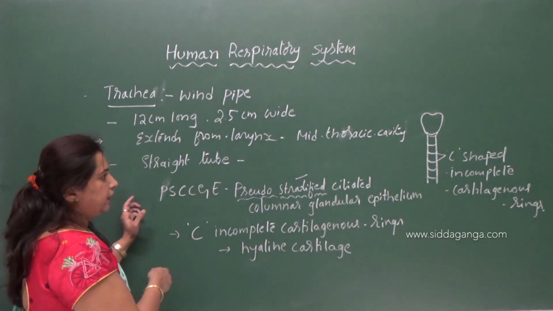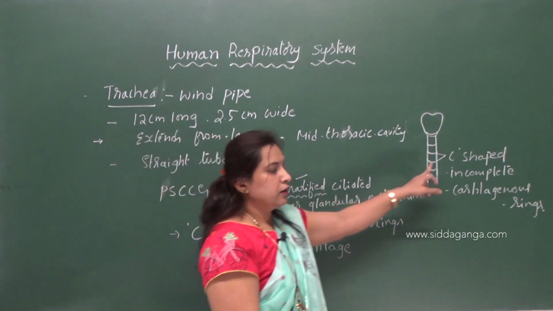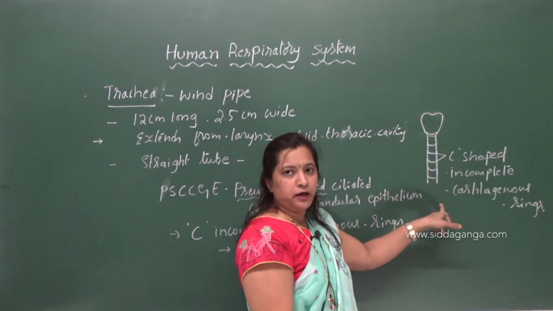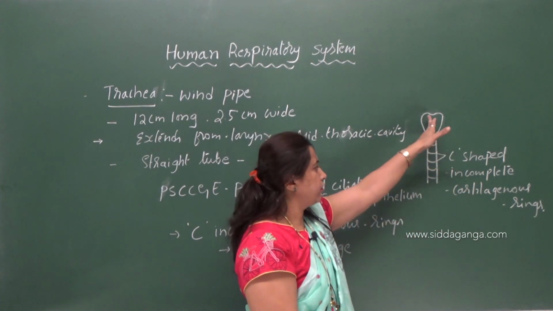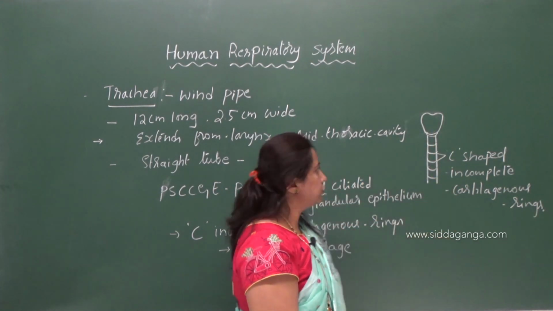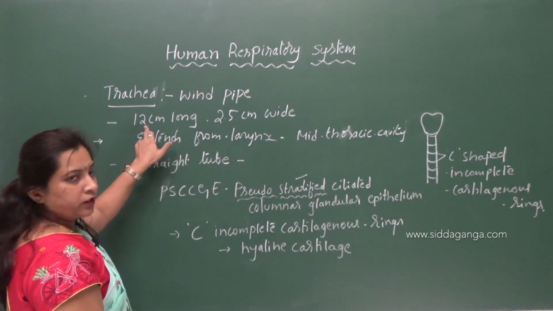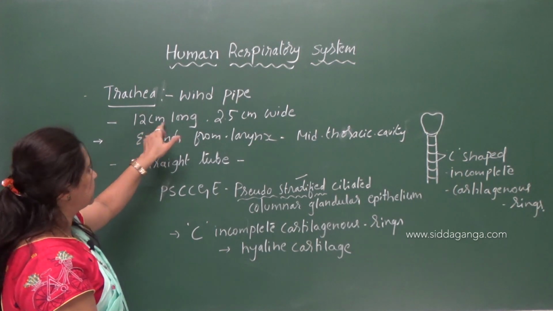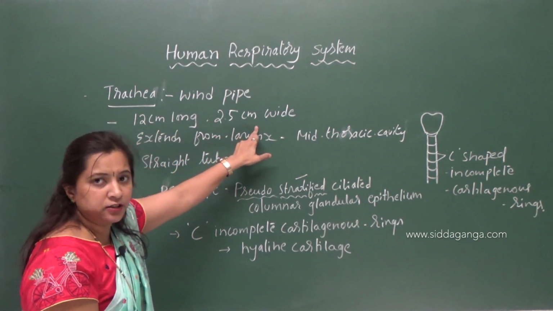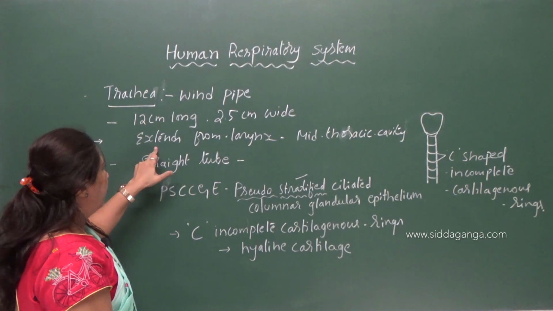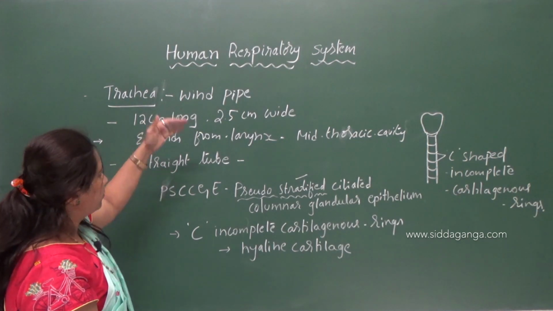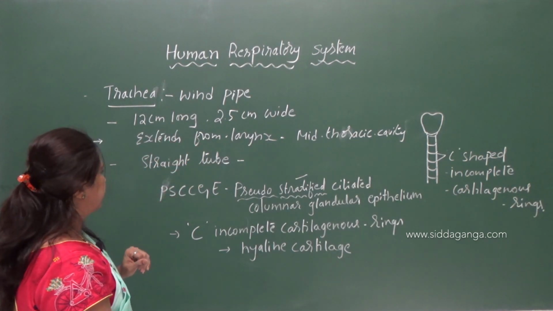So the trachea, it is also called as what? Windpipe. It is meant for the conduction of air. It will conduct the air from the larynx to the further branches. So here, what is the length of a trachea? 12 centimeter long, 2.5 centimeter wide, and it extends from the larynx up to the middle of the thoracic cavity.